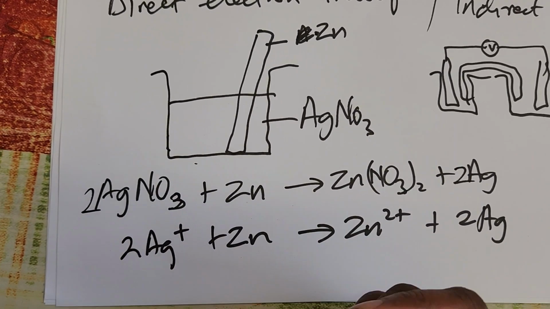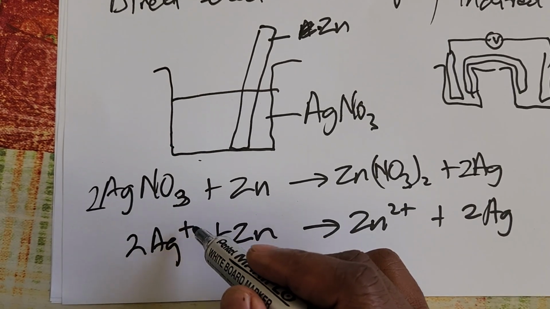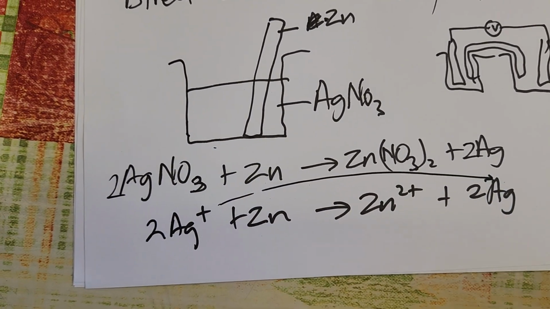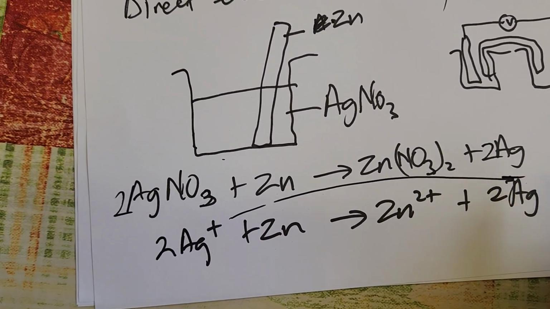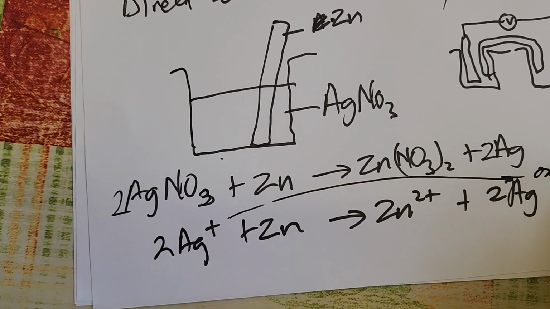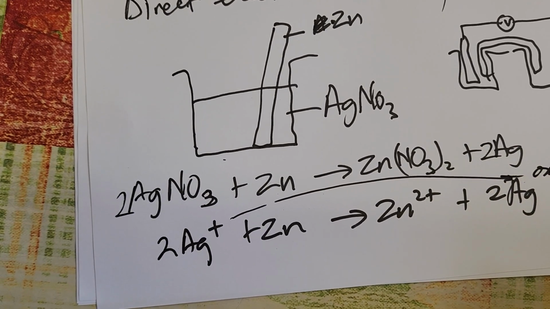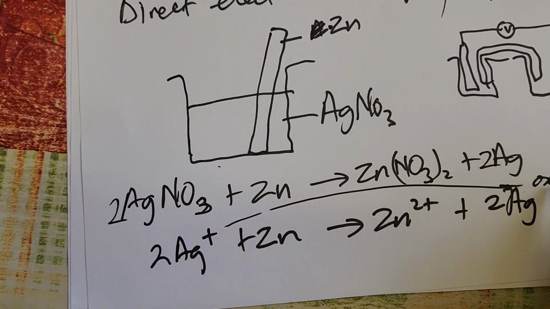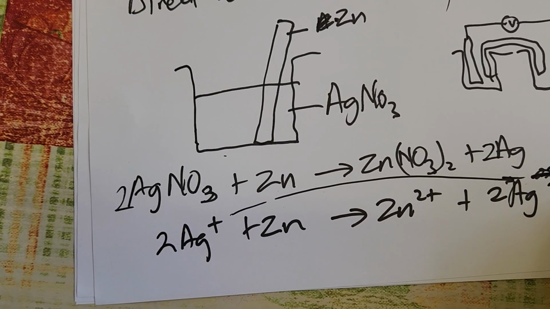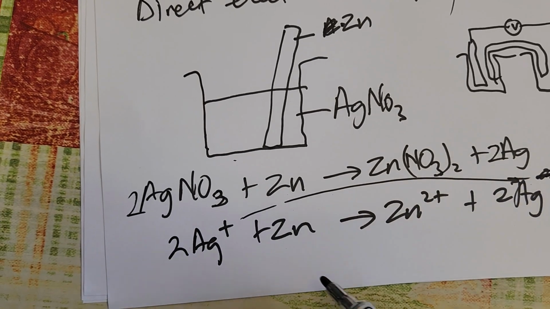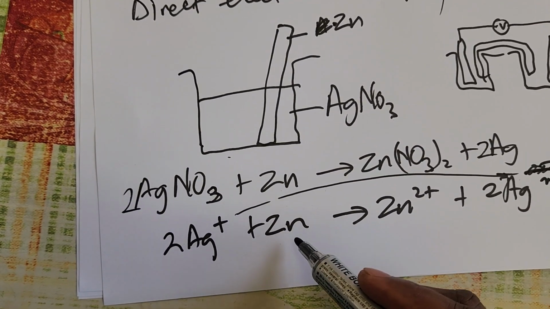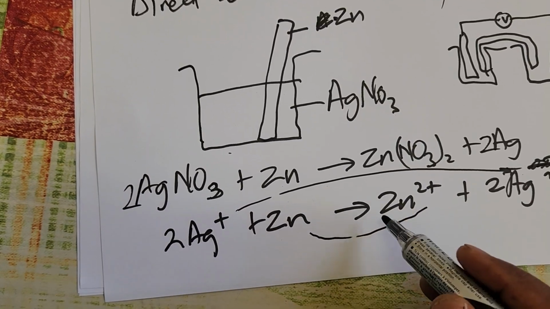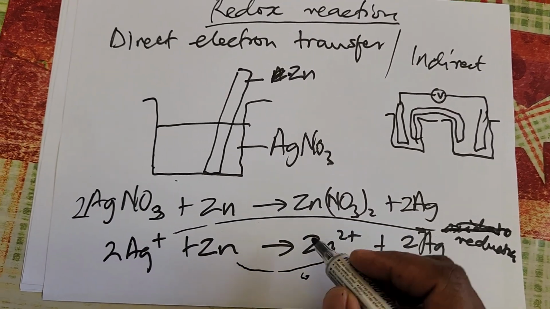Also, if you look at the change in oxidation numbers, from +1 to 0, there's a decrease in oxidation number, which is reduction, not oxidation, reduction. Therefore silver ions are reduced, whereas from 0 to +2 there's an increase in oxidation number, which shows oxidation.